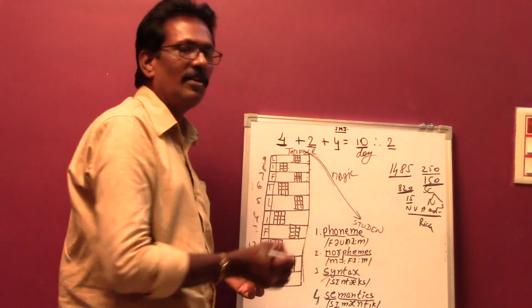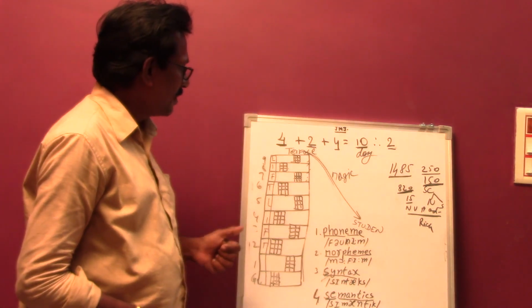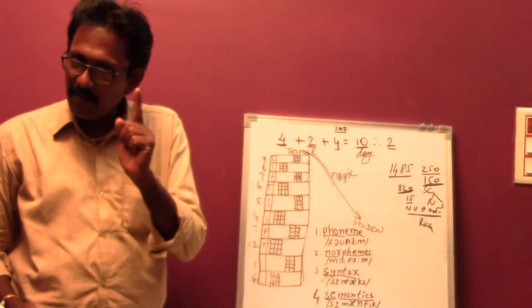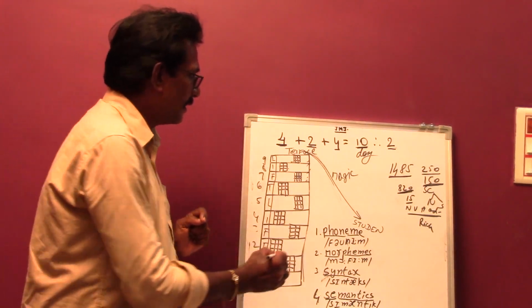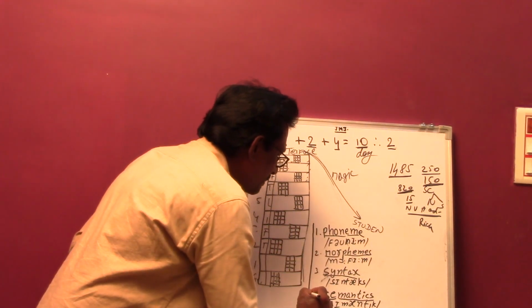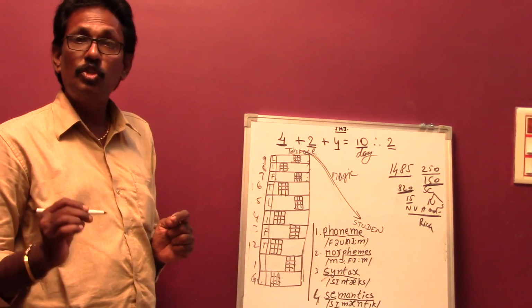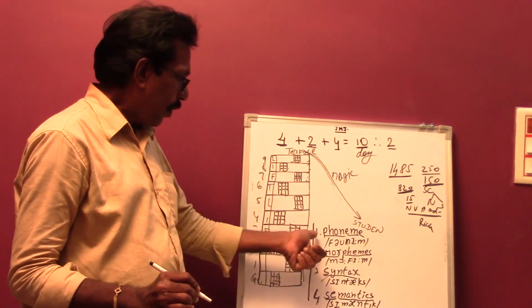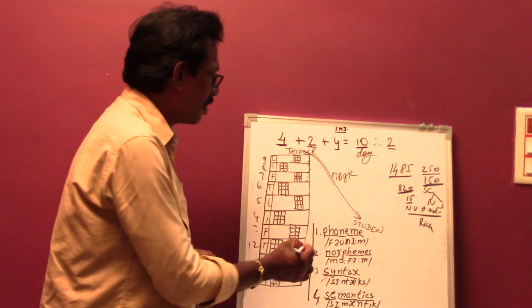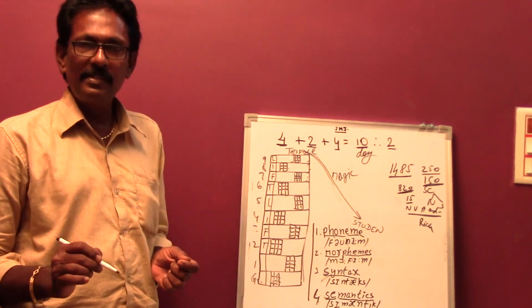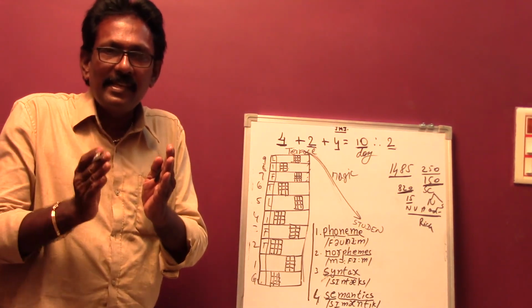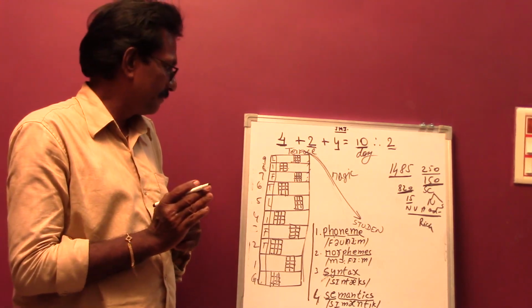Now, next, 4. What is the meaning of 4? 4 means, if you want to learn a language systematically, these 4 principles should mainly be practiced. What are these 4 principles? Phonemes. Phonemes means the basic sound of the language.